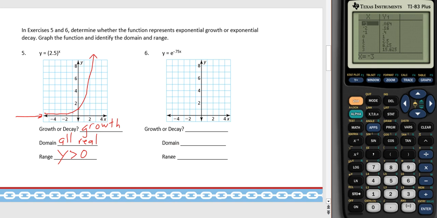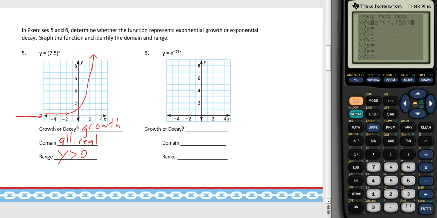And then over here for number 6, again, we're going to type in what they give us. So we have e to the negative 0.75x.